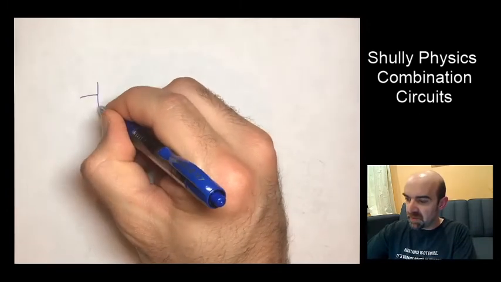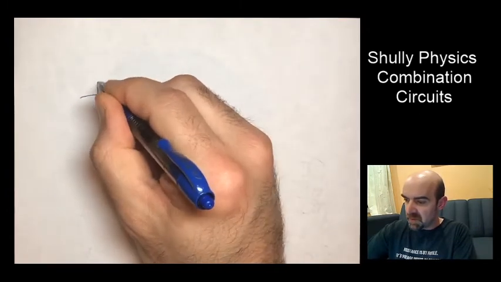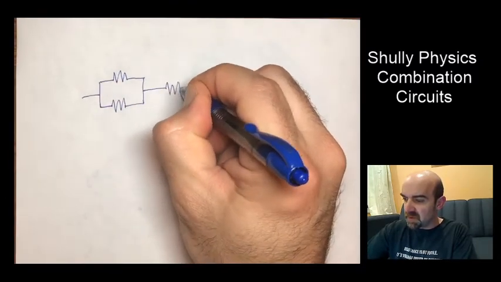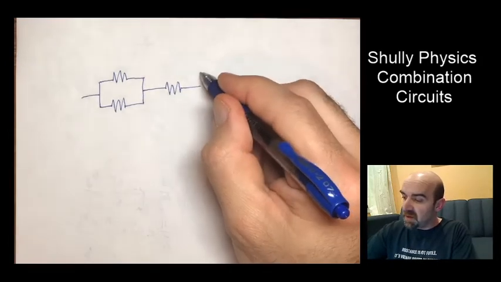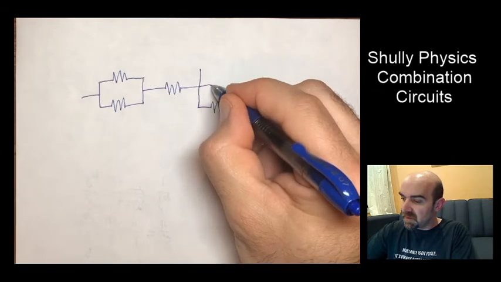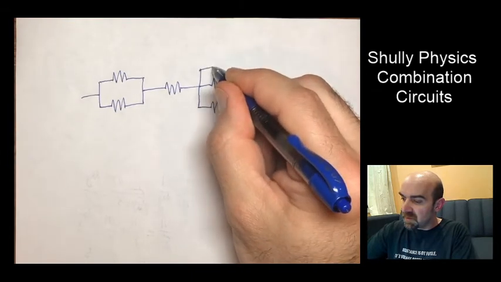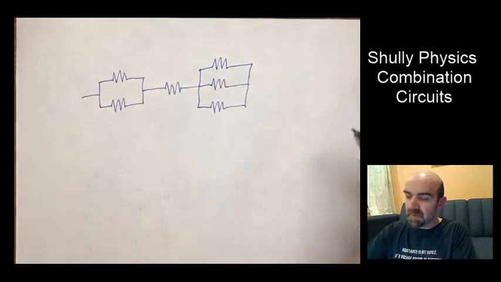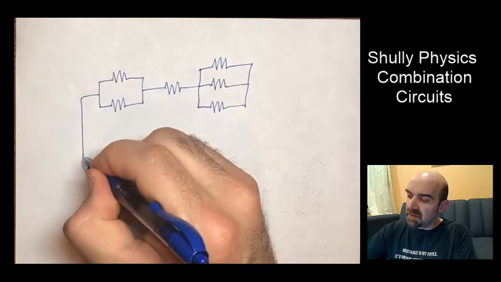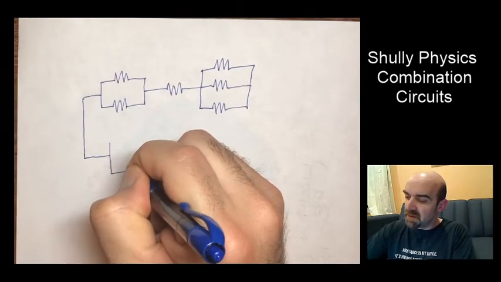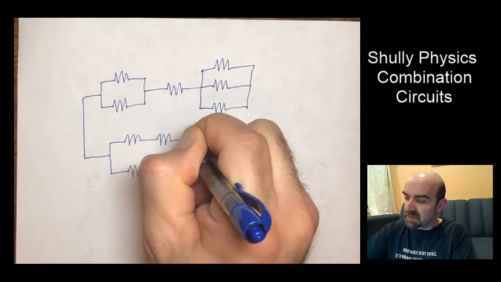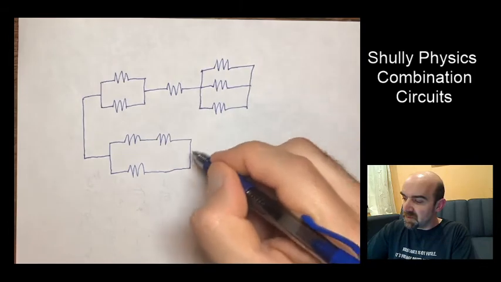What if we have two resistors, then one? Let's try this out. And I'm going to get even crazier, because this should cover all the bases. Whoa.